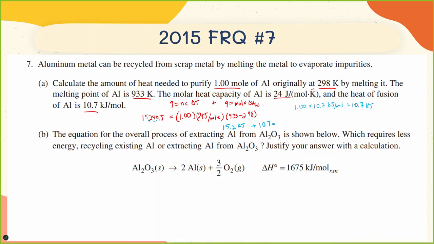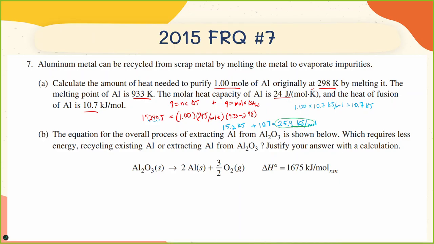So that takes 25.9 kilojoules for the 1 mole of the aluminum, as you can see there. So the next part of the question talks about recycling. So it's kind of like trying to make the question a little bit more, I guess, topical.